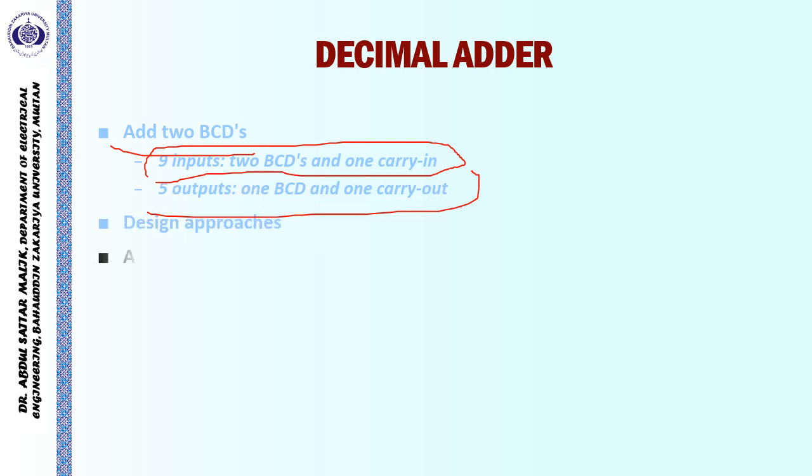So the design approach is, either we form a truth table, and we can have 2 raised to the power 9 entries, and then we can tabulate and design a decimal adder.